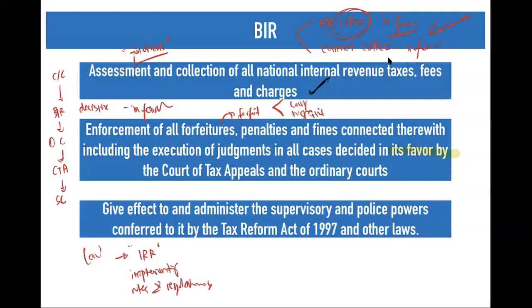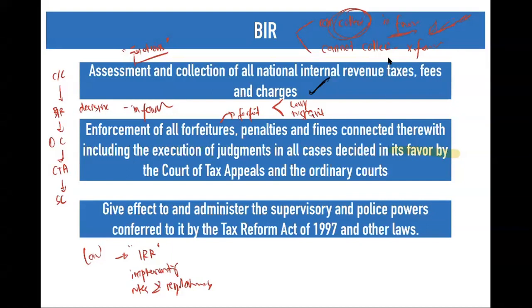The agency, instrumentality, or department must create implementing rules and regulations on that law. And the IRR must be within the metes and bounds of the law, so you must not go beyond or away from the text or the language of the law.